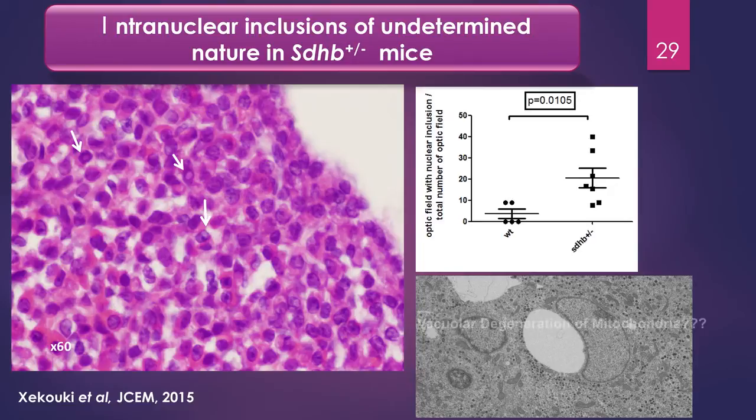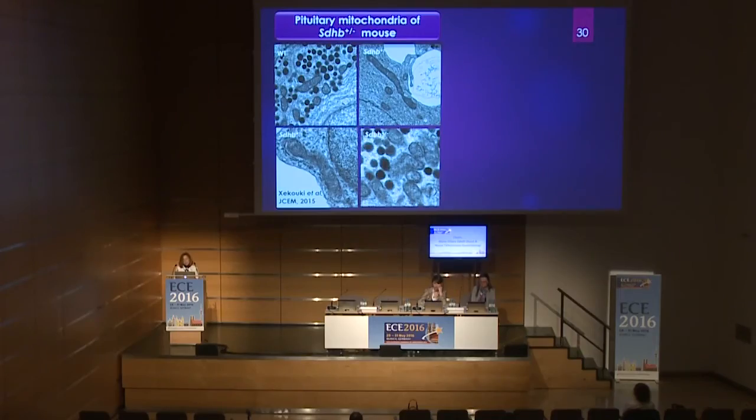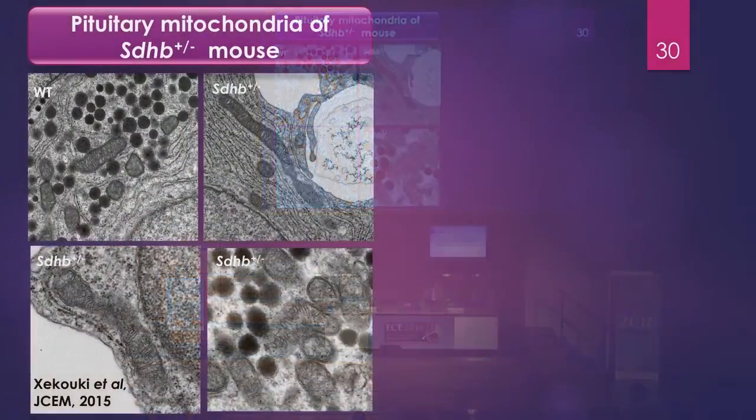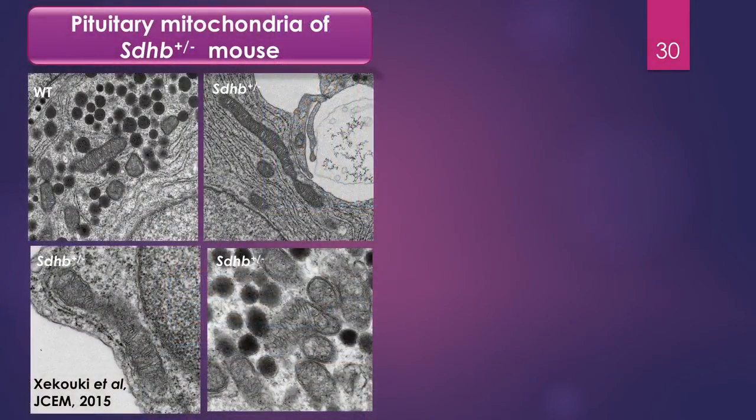But one of the questions that was raised: could they represent degenerative mitochondria? And the reason why this question was raised was because when we studied the morphology of the mitochondria, we saw that in heterozygote mice, they were abnormal. So they looked either elongated or swollen with destructive crista.